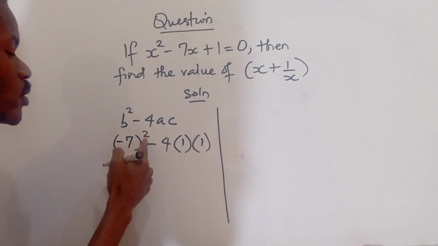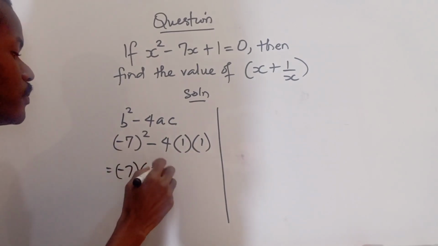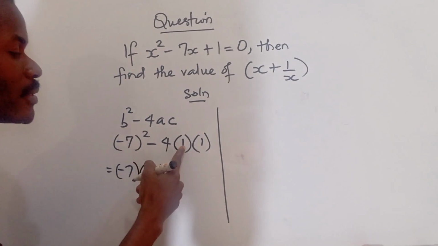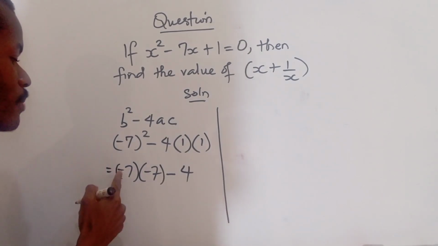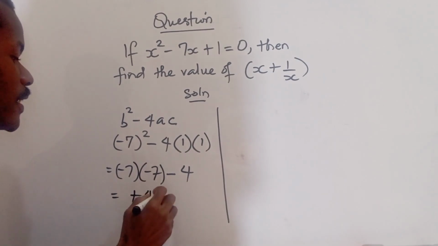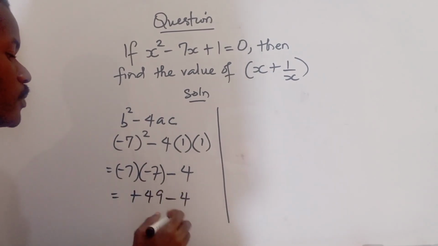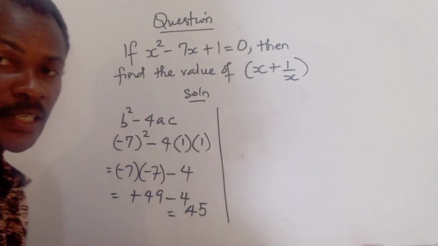So minus 7 squared means minus 7 times minus 7, minus 4 times 1 is still 4. So this is going to give us, minus times minus is plus, 7 times 7 is 49. So minus 4, this is going to give us 45. Okay.